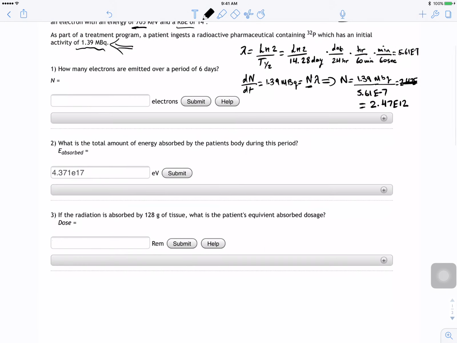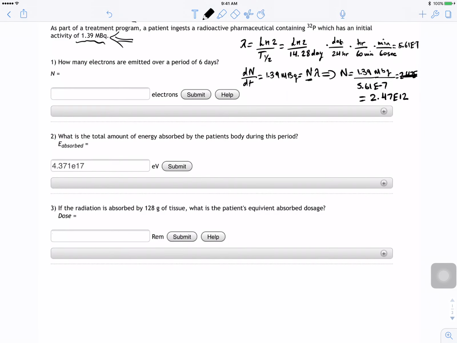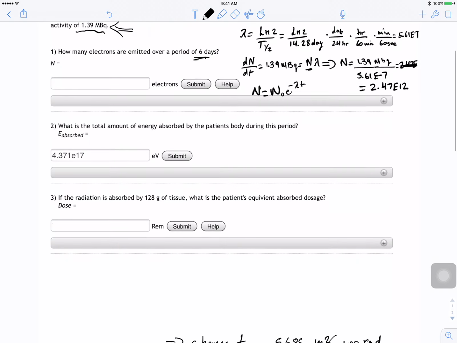Now we need to find how much decayed after these 6 days passed by. So N equals N naught e to the negative lambda t.